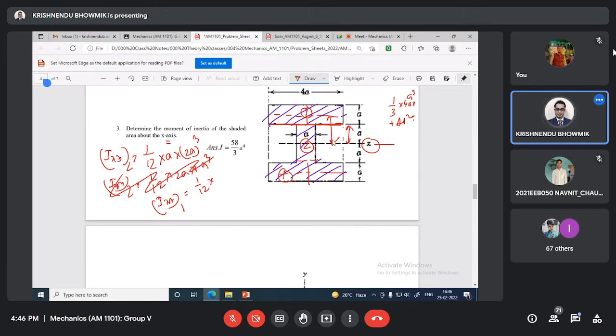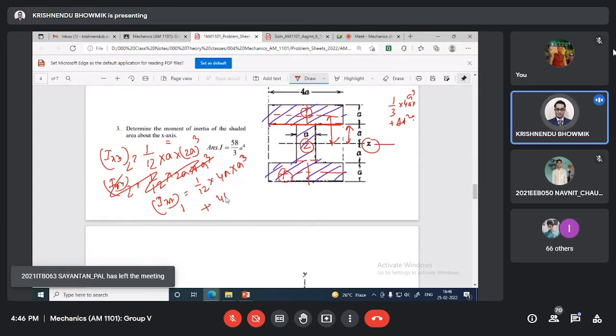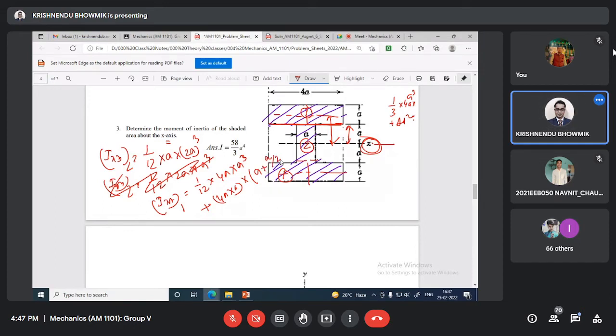So Ixx1 will be 1 by 12, base is 4a multiplied by height cube plus area 4a multiplied by a multiplied by distance square. Distance from x axis a plus a by 2, a plus a by 2 whole square. So this is 1.